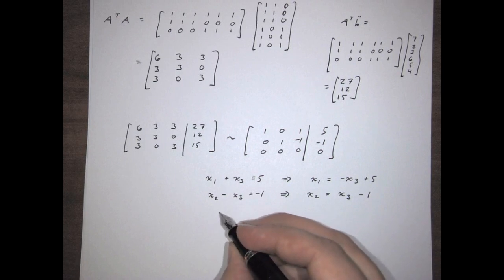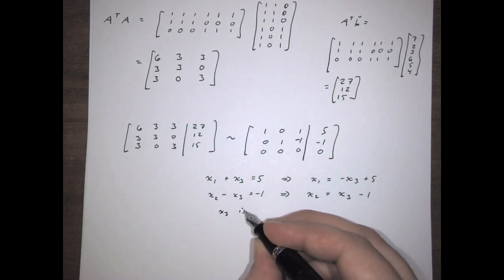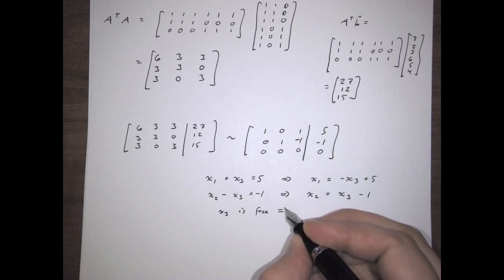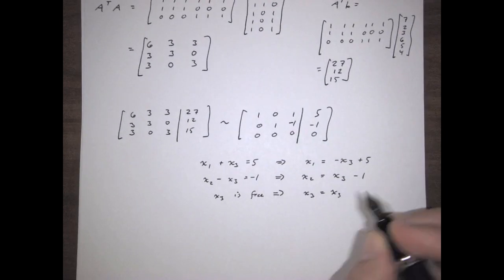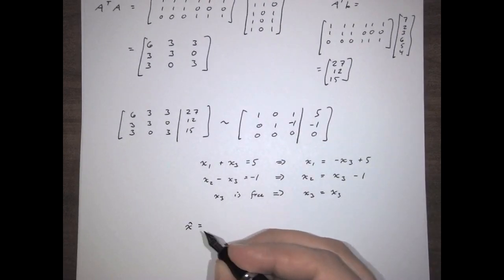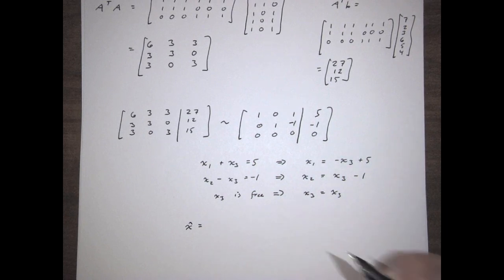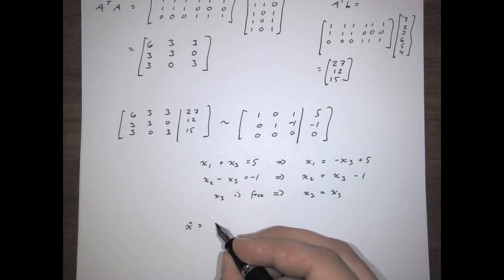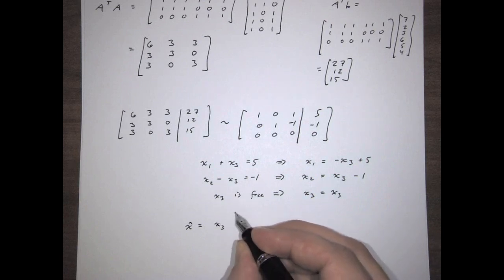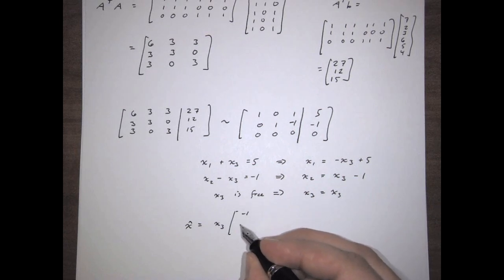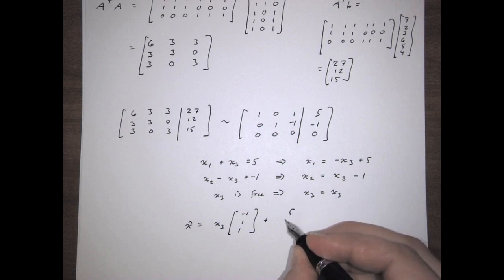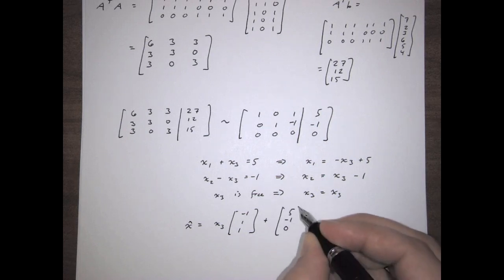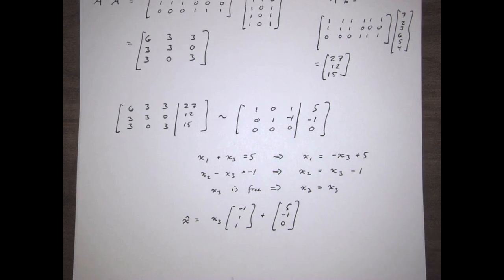Because x3 is free, it will give us our third equation, x3 equals x3, which will give us then that x hat in this case, because that's the modified system that we're actually solving, can be anything of the form x3 times negative 1, 1, 1, plus 5, negative 1, 0, where x3 is completely free.